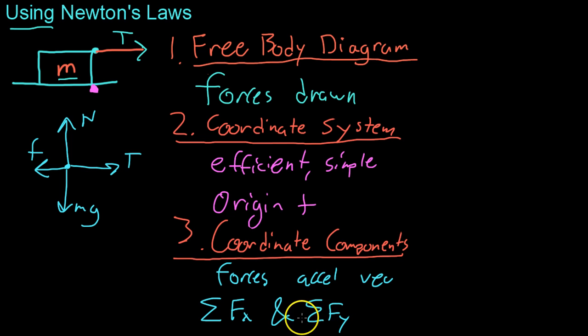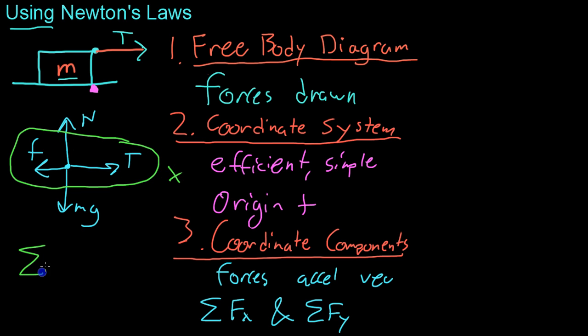Break the vectors up into their components before trying to solve the problem. So, for example, if you were to look at this block right here, you would break up the total forces acting on the block into the x and y directions. So in this case you have friction and tension acting in the x direction, so the sum of the forces in the x would be tension minus friction, because it's acting opposite the tension.